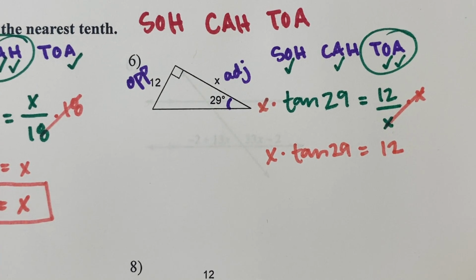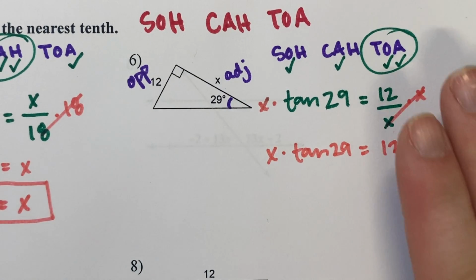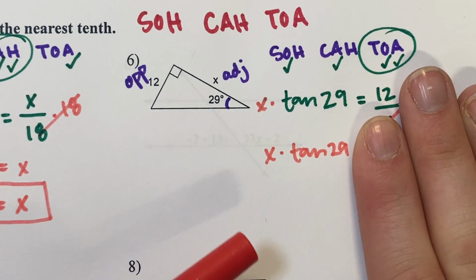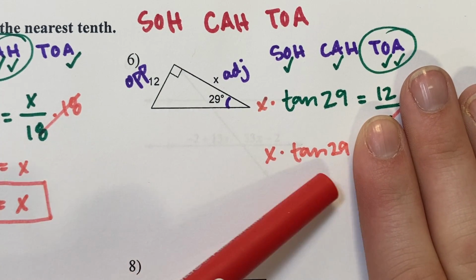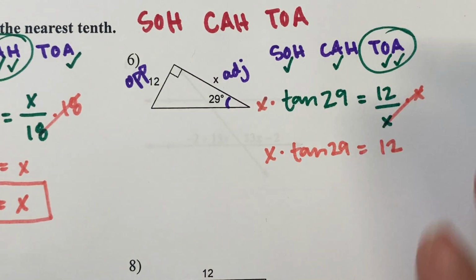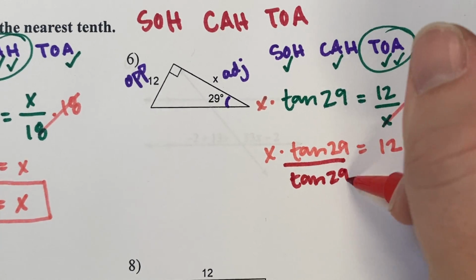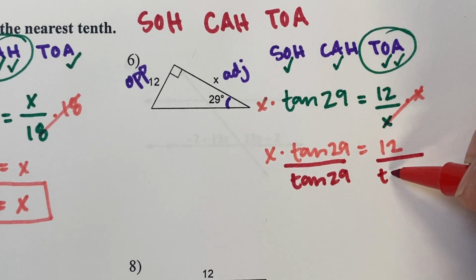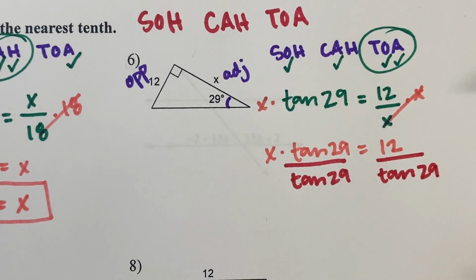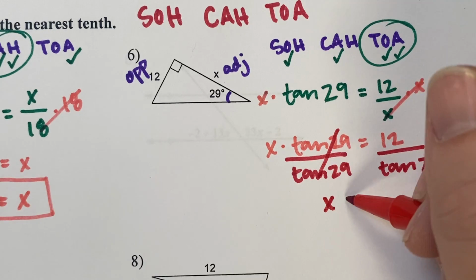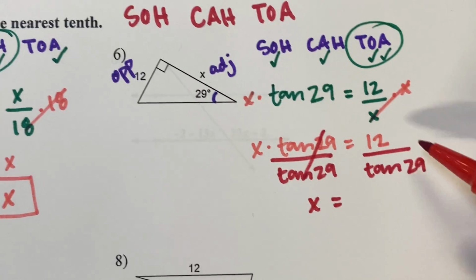Okay, well now my x still isn't by itself, so look at our side with our x. This is saying times by tangent of 29. Well, what's the opposite of times by tangent of 29? We're going to divide by tangent of 29 on both sides. Okay, and this now is what I put in my calculator.